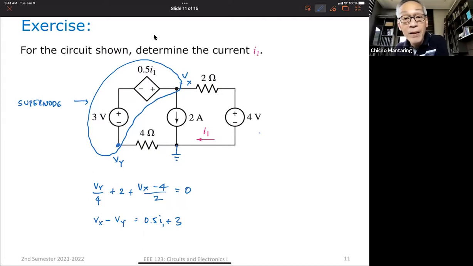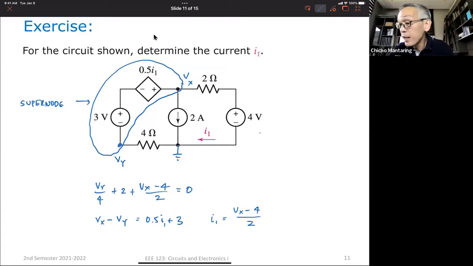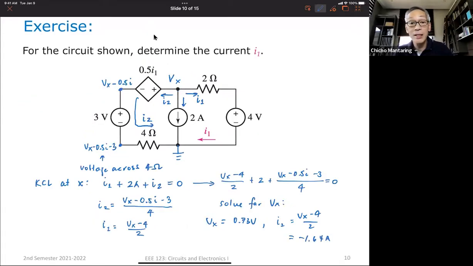And I1 is just Vx minus 4 over 2. So I can just combine those three and I should get exactly the same result as this.